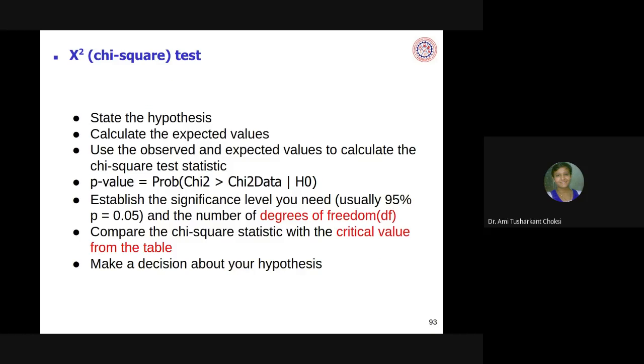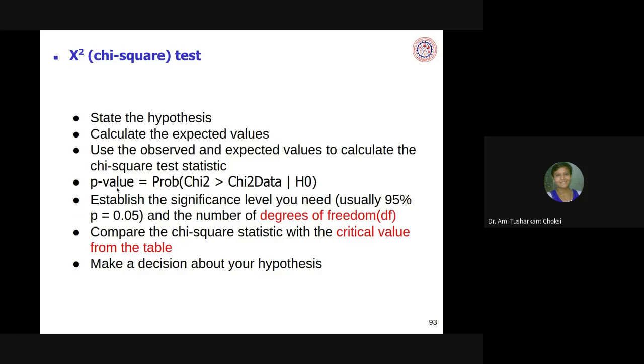Fine. So what do we do in the chi-square test? We have the hypothesis. We calculate the expected values, and use the observed and expected values to calculate the chi-square test statistic.